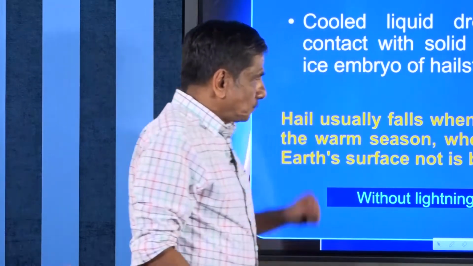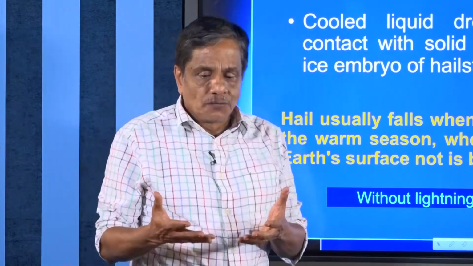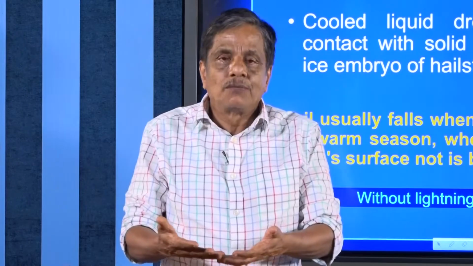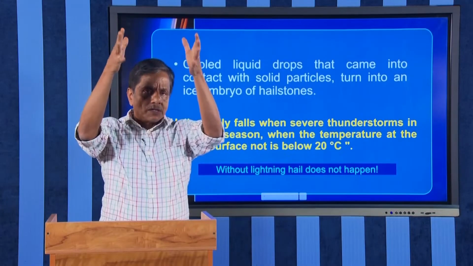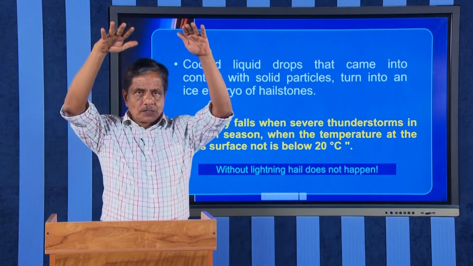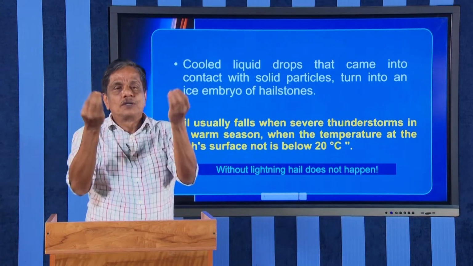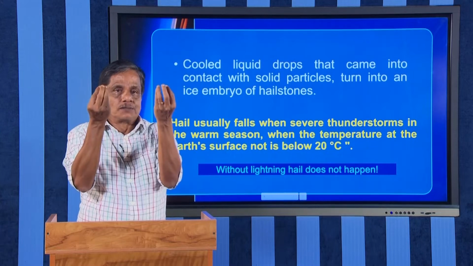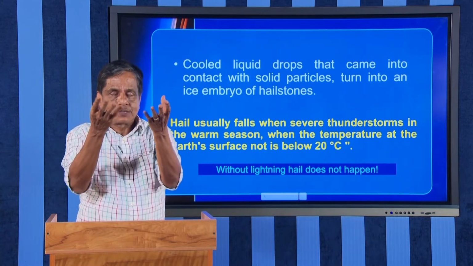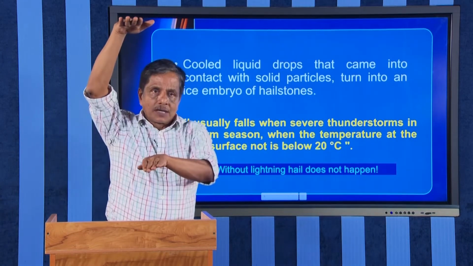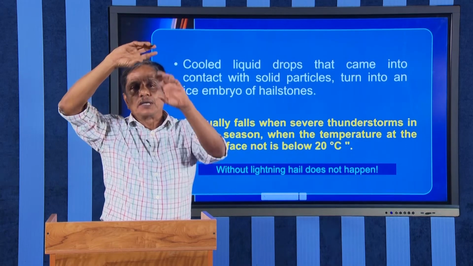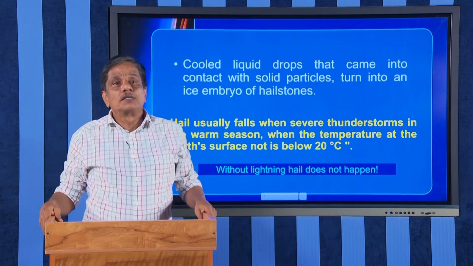Now, when this air mass is moving up, it contains water vapor. So, it goes to a certain height, where it starts condensing, which produces small water droplets, and if it moves further, these water droplets will again be condensed to form ice crystals.